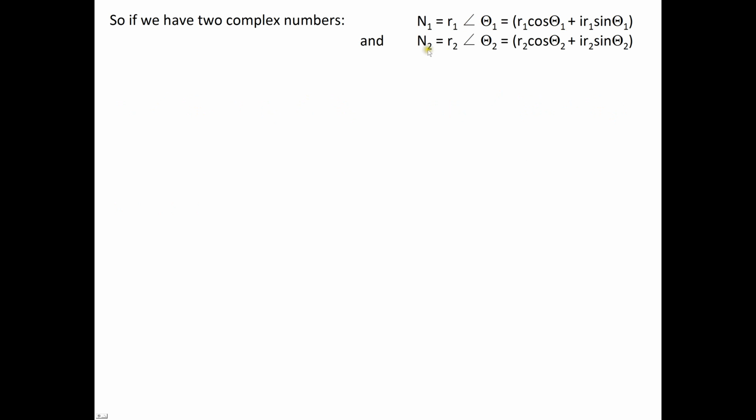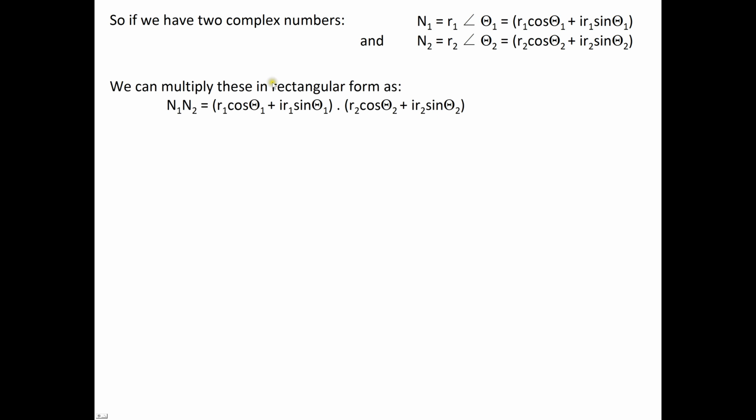And another complex number n2, which is r2 angle theta 2, or in the rectangular format r2 cos theta 2 plus i r2 sin theta 2. Now we can multiply these in rectangular form by saying that the product of the two complex numbers is this one, n1, which is this bit here, multiplied by n2, which is this term here.